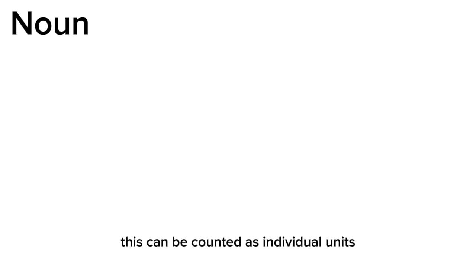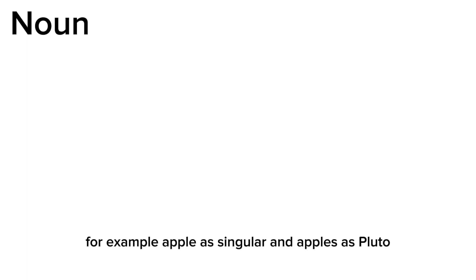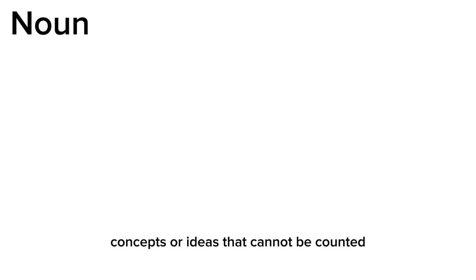These can be counted as individual units and have both singular and plural forms. For example, apple as singular and apples as plural, book as singular and books as plural. These represent substances, concepts, or ideas that cannot be counted.